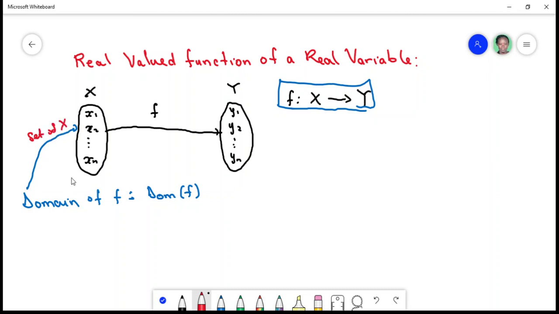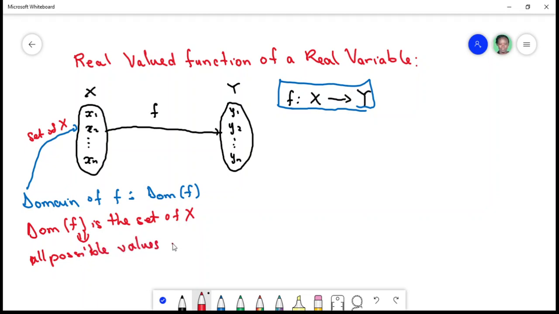That is the domain. So the domain of the function f is the set of x. What does it imply? It implies that we are talking about all possible values of x. So that is the domain.